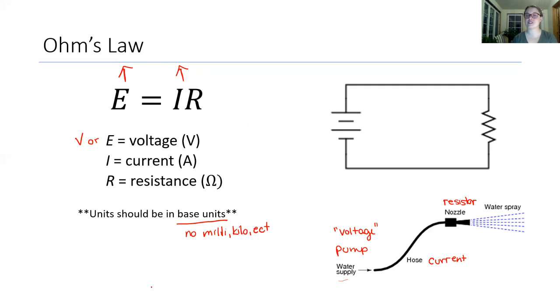Now, what if the current doesn't change? Let's say the current doesn't change. If you increase voltage and current doesn't change, that can only mean one thing. That means you have more resistance in your circuit. Okay, so again, those would be directly proportional. You'll see E is directly proportional to either of the terms on the other side, assuming one of the others stays the same.